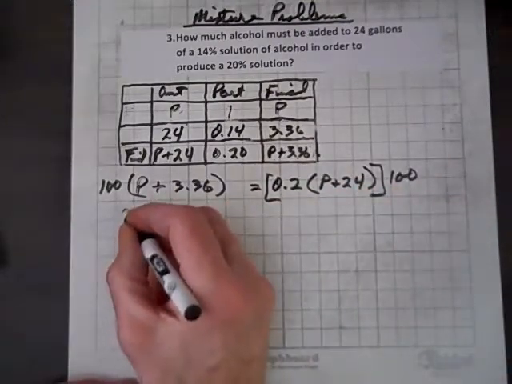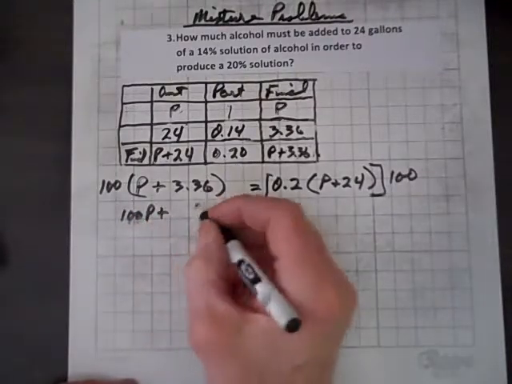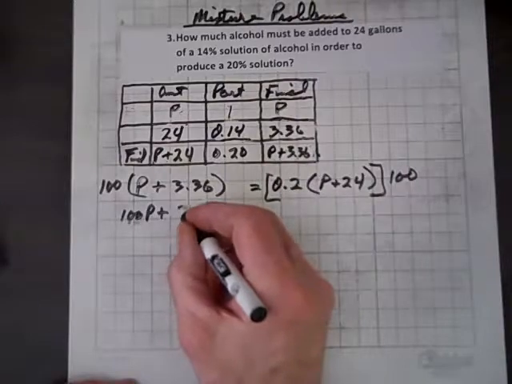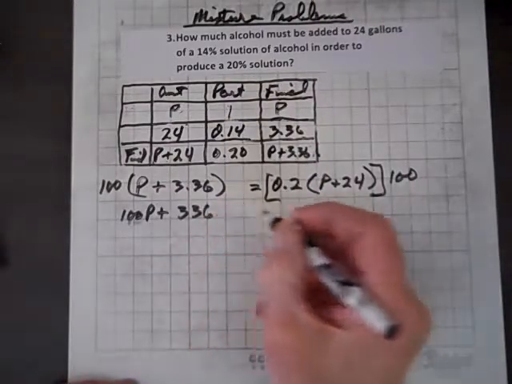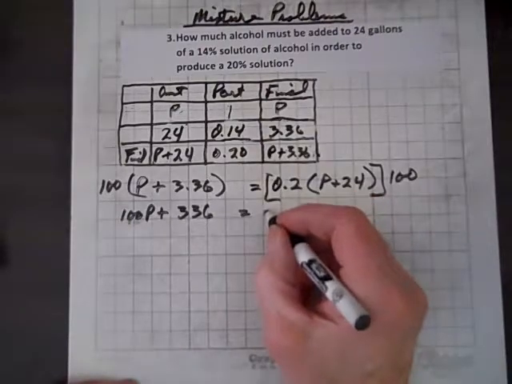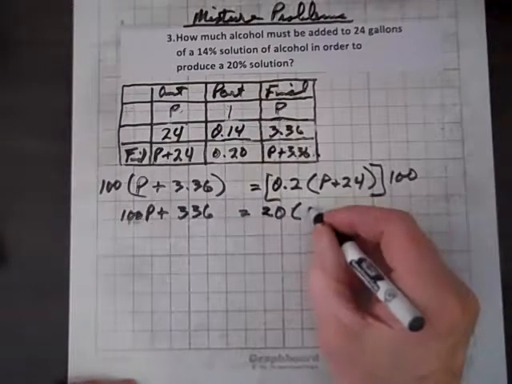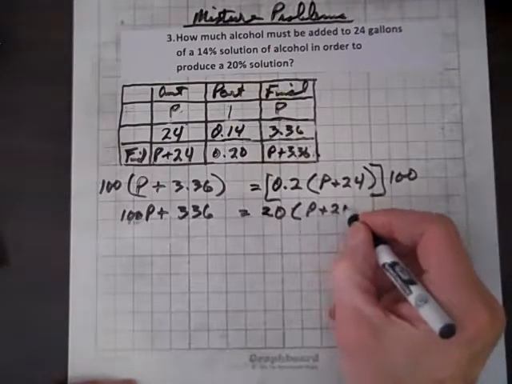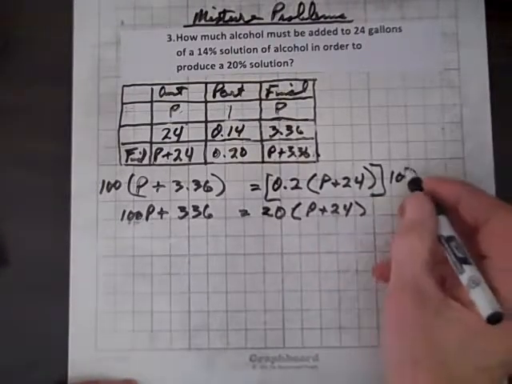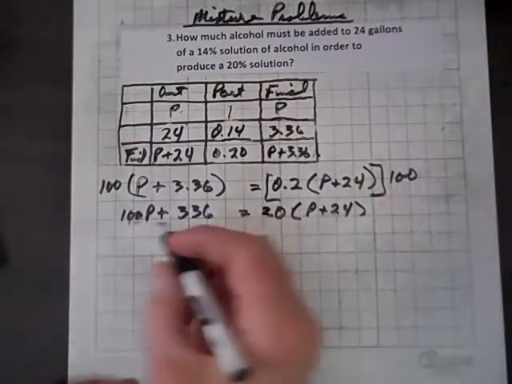So 100P plus, multiplying 3.36 by 100, we get 336, which equals, multiplying 0.2 by 100, we get 20, times P plus 24. We only multiply the 100 times one factor or the other, not both.